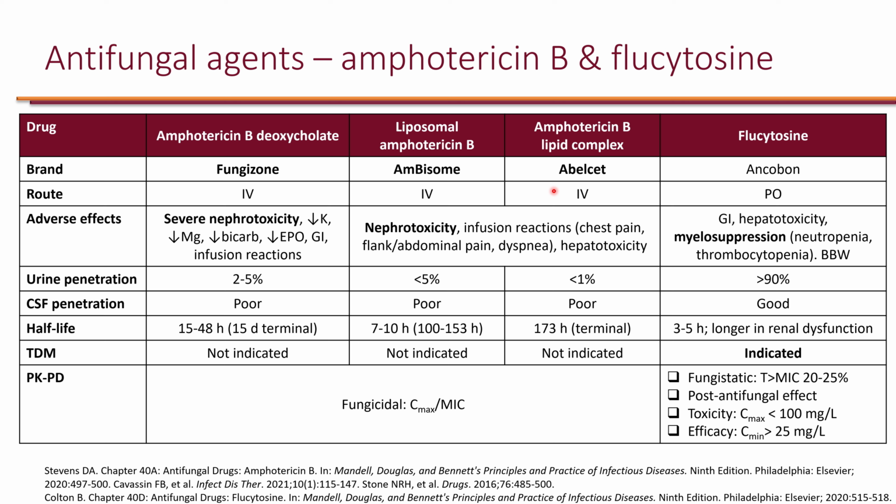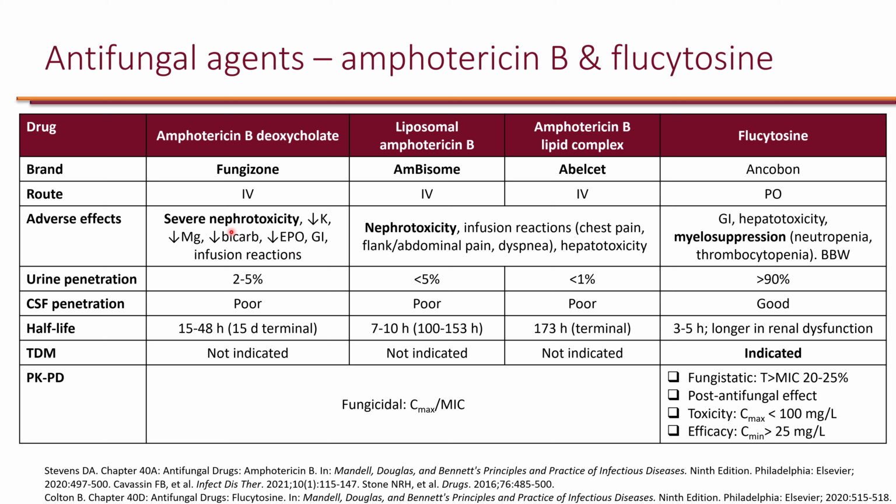All of them are IV, no oral formulation for amphotericin B. The conventional causes severe nephrotoxicity, including wasting of potassium, magnesium, and bicarb. And as well, because this is in the kidneys, it can reduce epogen production that can lead to anemia. There are also a lot of infusion reactions.